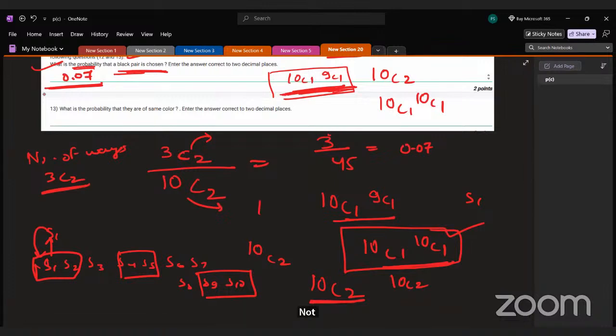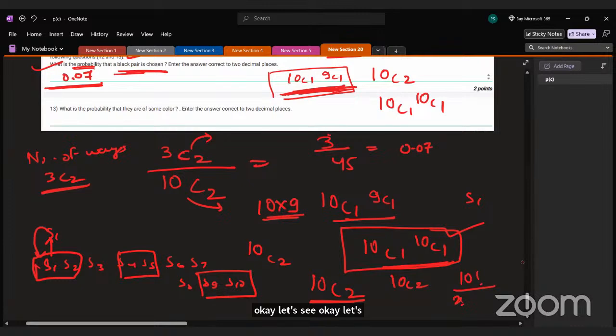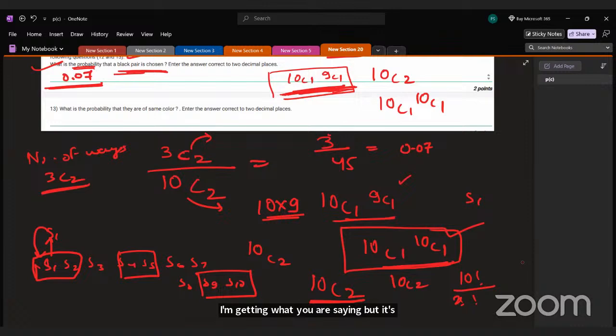Okay, so if I've chosen the first one, I have 10C1 ways of doing it, and for the second one my total set is 9 socks. I can't be getting 10, it is not 10. I'm getting what you are saying, but this is where the concept comes in: simultaneous or non-simultaneous.